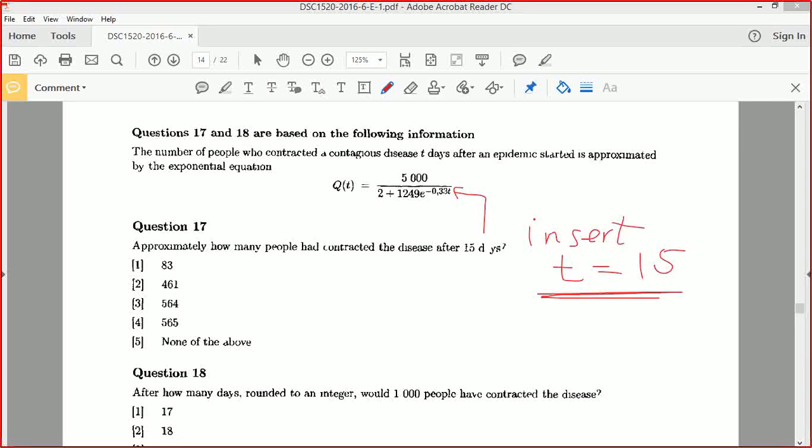So, let me just quickly... 12... 1, 2, 3. Divide by 2. Divide by 2 plus 1249 to the power of minus 0.33.